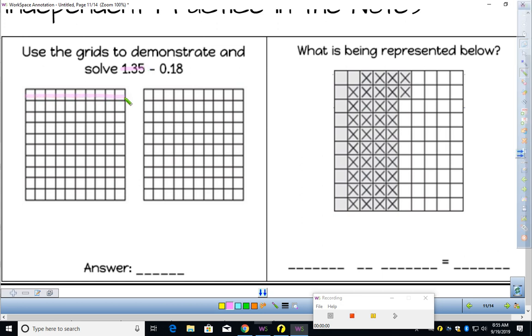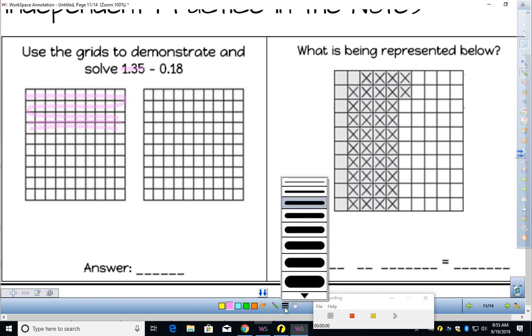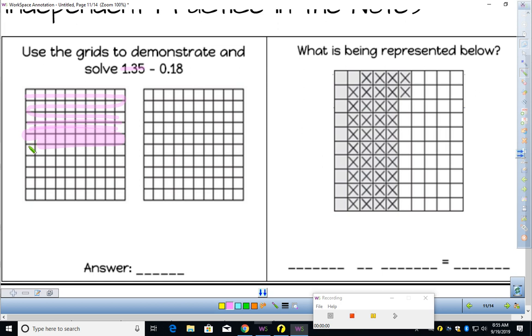So 1 whole, and 31, 2, 3, 4, 5. I have $1.35. I have 1 and 35 hundredths. I'm going to take away 18 hundredths.